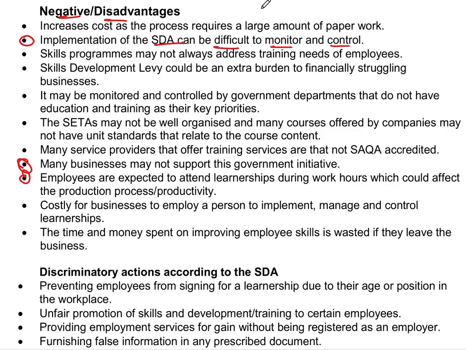Let's just put it in general. It's hard to keep track of whether businesses are actually doing what the law says, for example training employees and paying levies. Think of monitoring as checking if companies are following the rules. Control is making sure they stick to the plan.